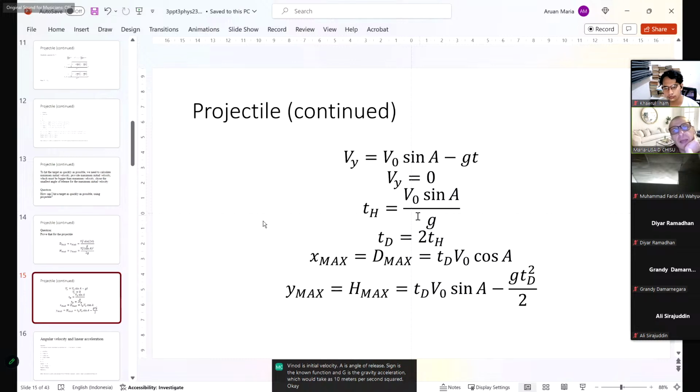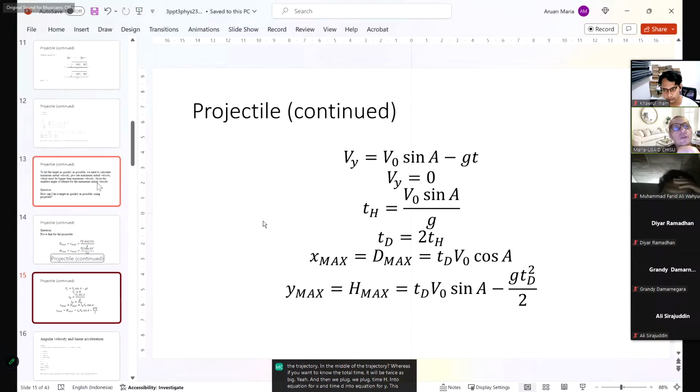Okay, and we know that time of the total distance is going to be twice time of the maximum height, because maximum height is in the middle of the trajectory, whereas if you want to know the total time, it will be twice as big, yeah? And then we plug time h into equation for x and time d into equation for y.